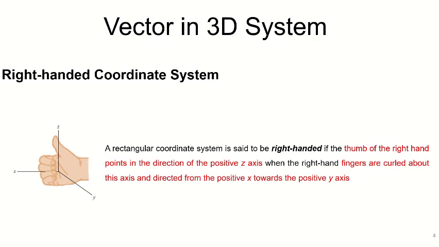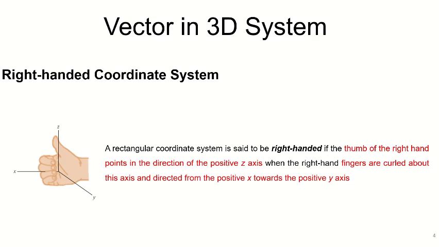So that's why we are going to learn vectors in three-dimensional systems, because if we can represent those data in three-dimensional system using vectors, it will simplify our problems, right?